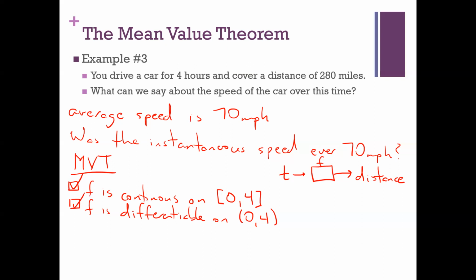A lot of you kind of said yes early on, but so the speed of the car was 70 miles an hour. How many times? At least once. At least once, right?